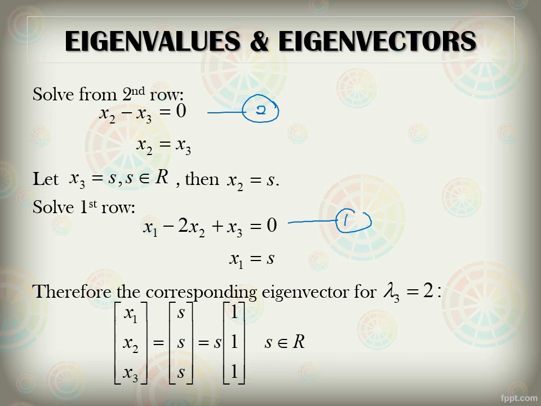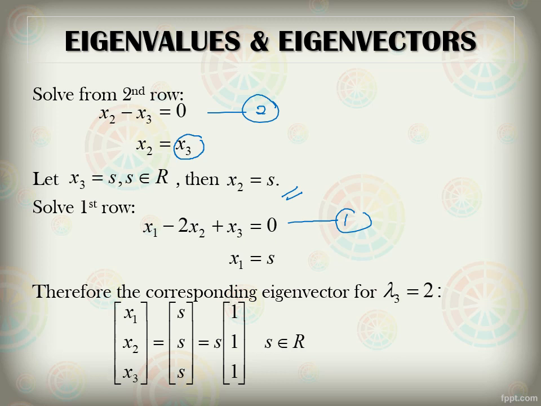Between equation 1 and equation 2, it is easier for us to start from equation 2. So we let our x3 equal to s, so that our x2 is also equal to s, where s is a real number.